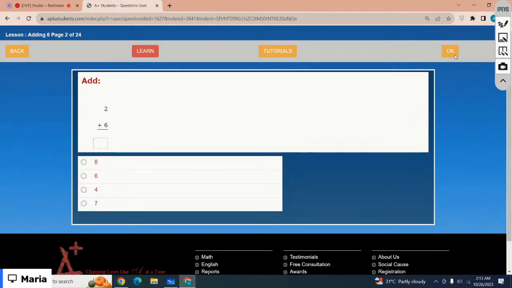Okay, the next one is 6 plus 2. So which is the correct option?